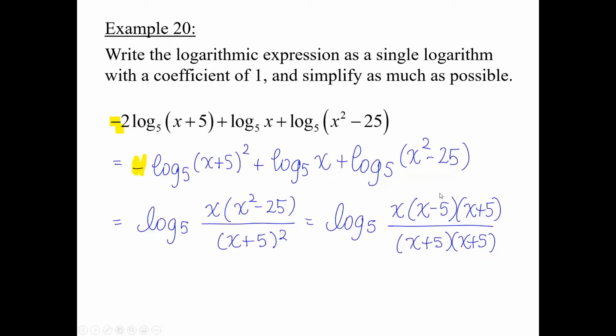X squared minus 25 can be factored to x minus 5, x plus 5. It's a conjugate. So now we can cancel these x plus 5s, leaving us log 5 of x times x minus 5 over x plus 5.